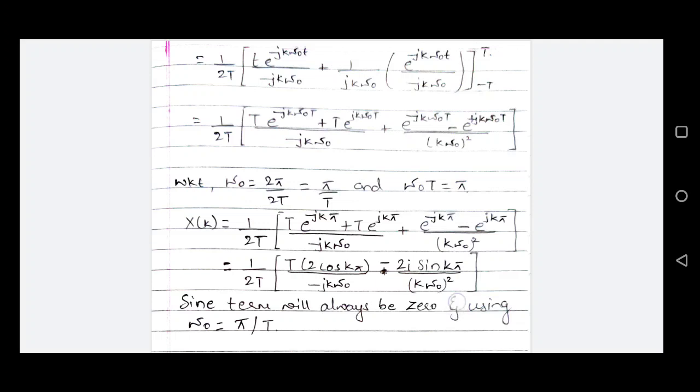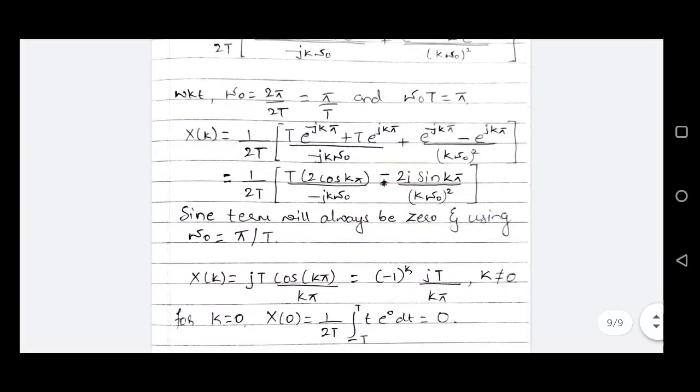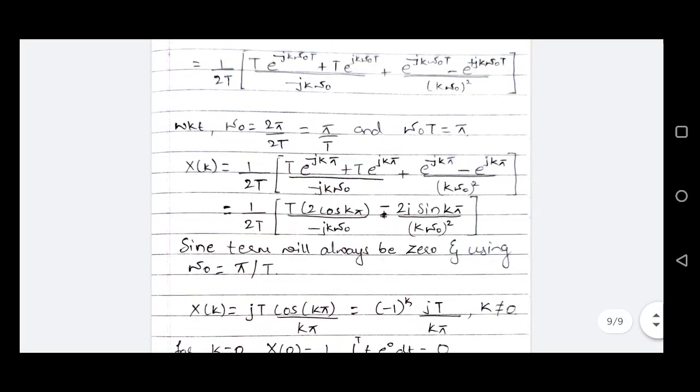Using these results, the Fourier series coefficient equation x of k can be rewritten as 1 divided by 2T times capital T times e to the power minus jk pi plus capital T times e to the power jk pi divided by minus jk omega naught, plus e to the power minus jk pi minus e to the power plus jk pi divided by k omega naught square.